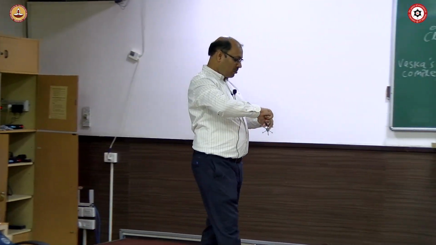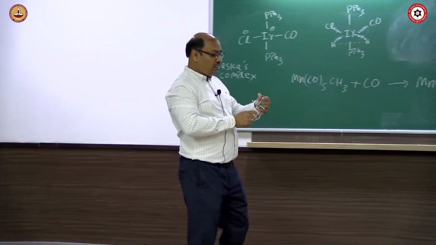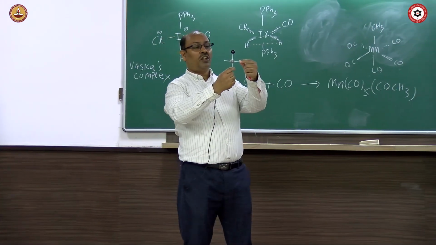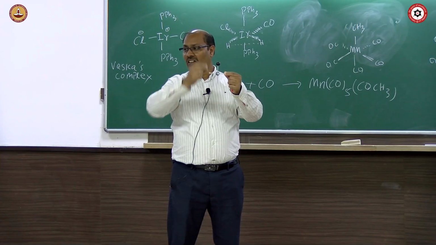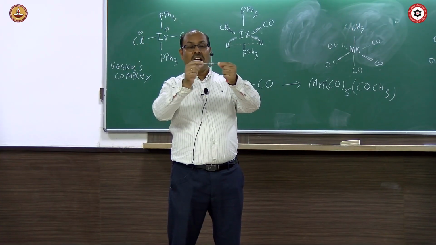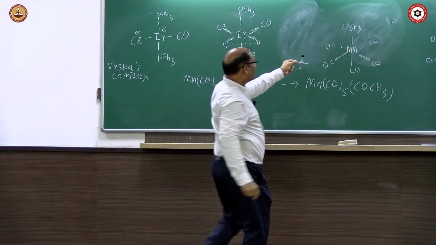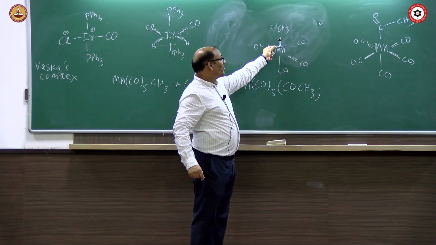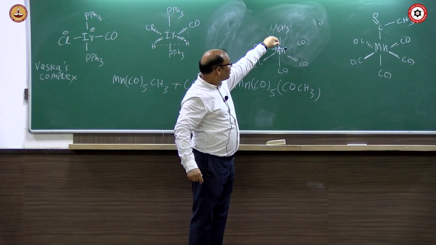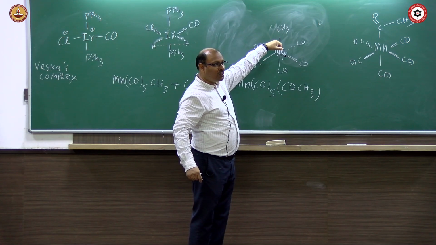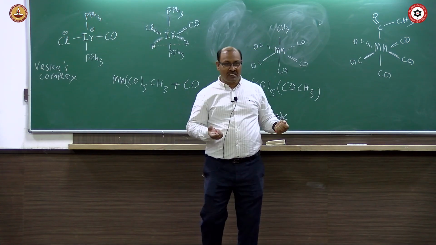So, let us say this is the MnCO5CH3, all these things where nothing is put, consider they are CO, and this is the methyl. The way I showed here is like that, right? But if I do like this, no problem. If I do like this also, no problem. So, the position of methyl could be anywhere.